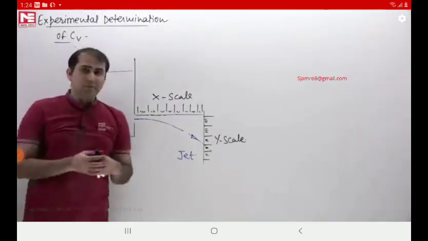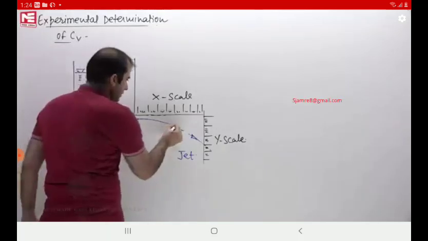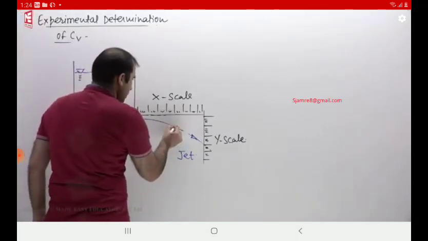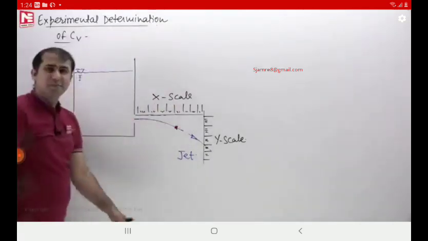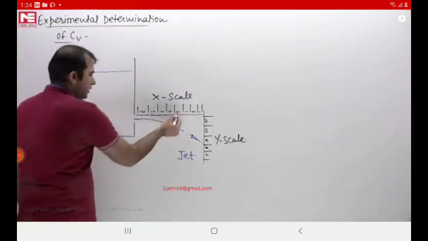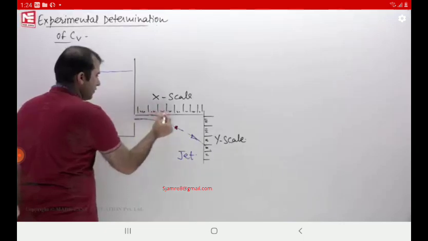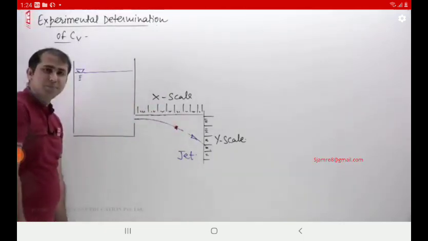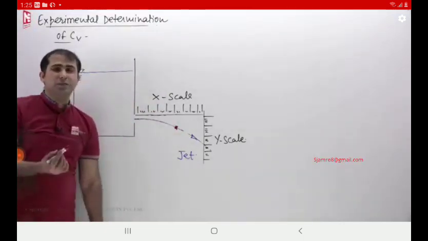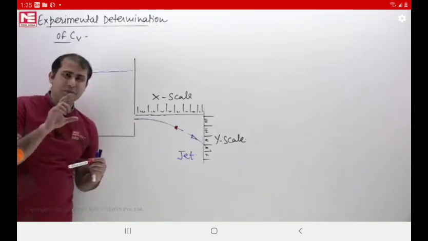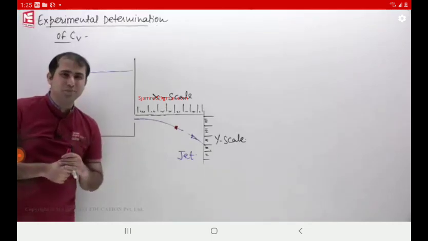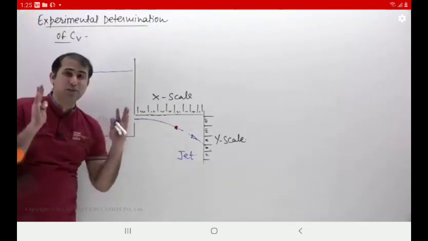For your information, take any point on it, this is the point. For this point, this is the y value and this is the x value. On the basis of this you can find the Cv: how much it moved in x, how much in y. How? That expression we are going to develop here.